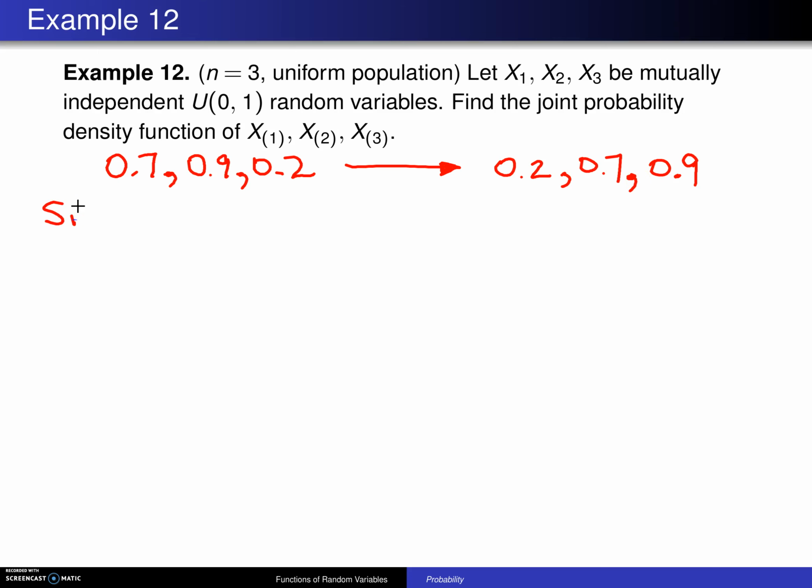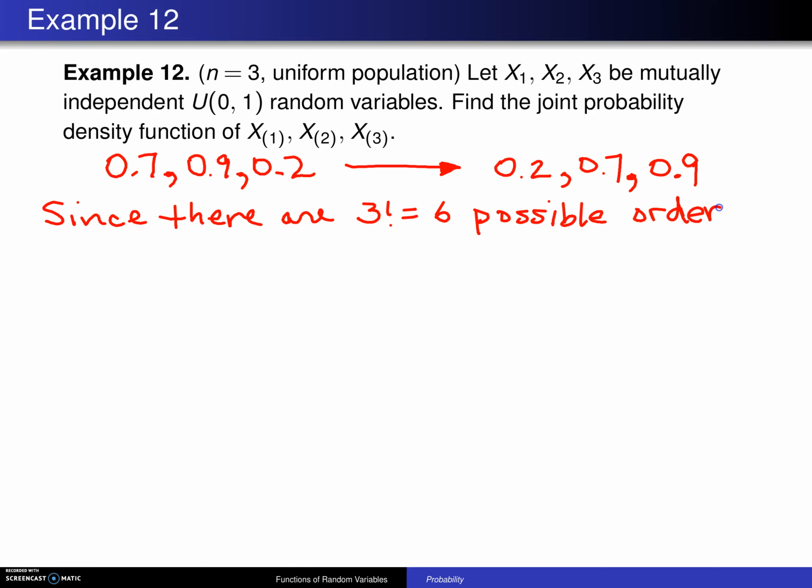In this particular setting, since there are 3 factorial equals 6 possible orderings of the random variables x1, x2, and x3. So in this particular case, you have seen one of the different orderings, but there are 6 possible different ways.